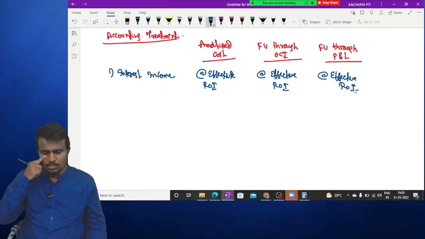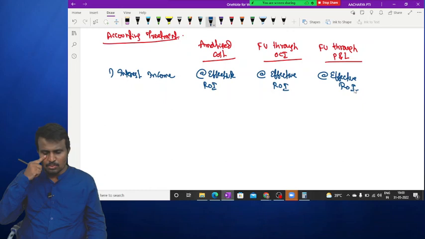Then coming to the second one, what is the initial recognition? At what price do we have to recognize? Initially we have to recognize it at purchase price plus transaction cost.